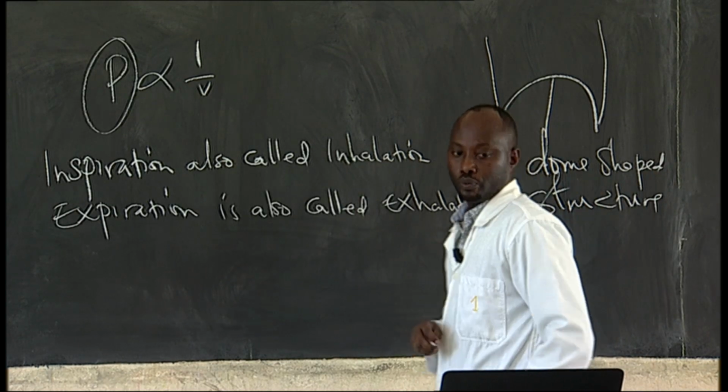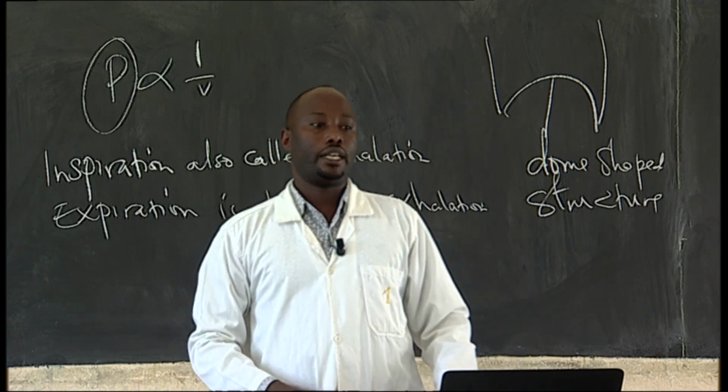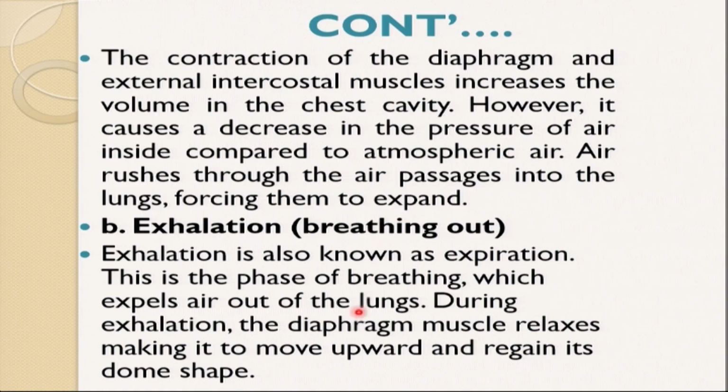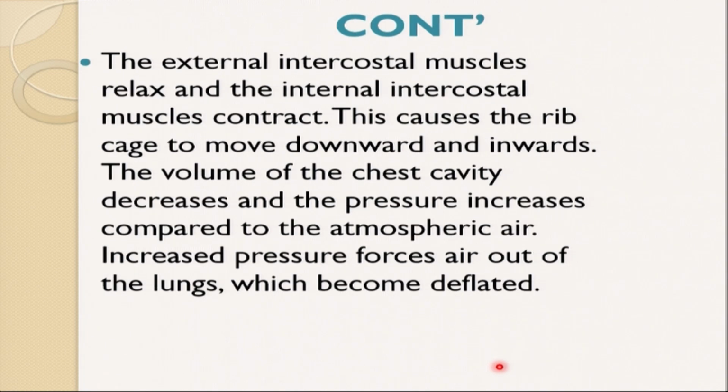All right? And I said during exhalation, the diaphragm muscles relax and move upward and regain their dome-shaped structure. The external intercostal muscles relax and the internal intercostal muscles contract. I mentioned that earlier.